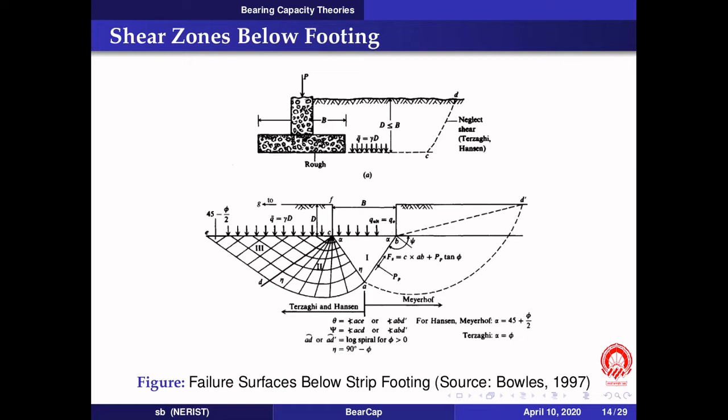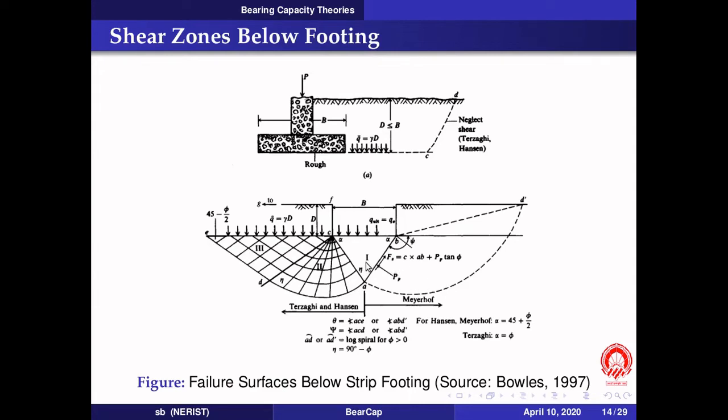And of course, these assumed shapes have been inspired by experimental tests on actually failing model foundations, and the different bearing capacity analyses mainly differ on the basis of the assumed shape of the failure zone.